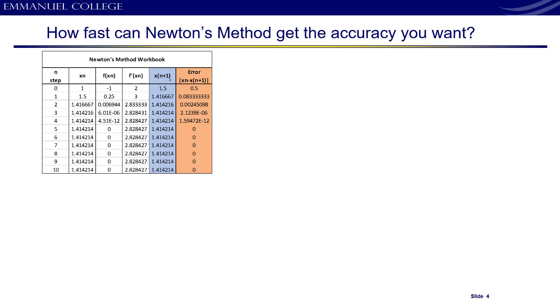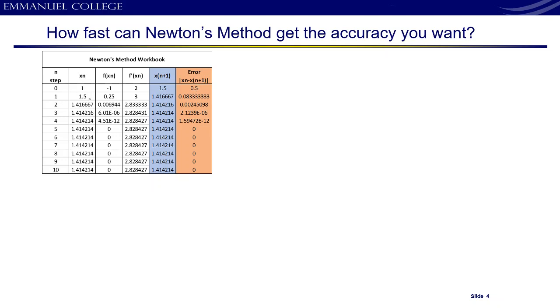And you can see the way that you start to see the error is to compare the term you just got from what you got it from. So this is x naught and this is x1. So the absolute difference between them is 0.5.